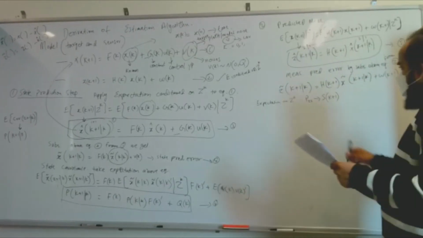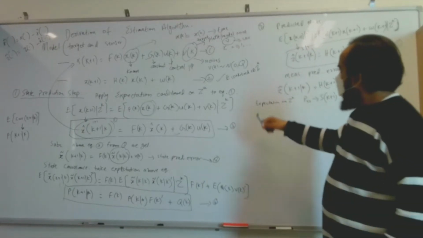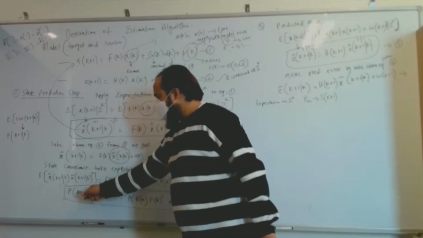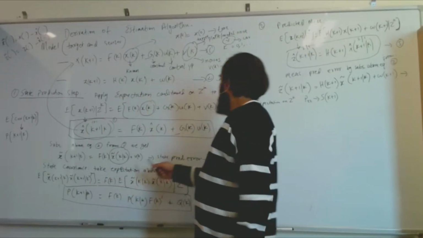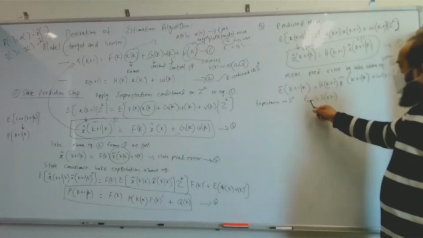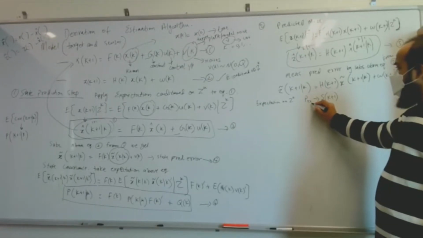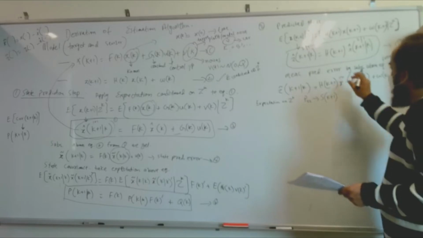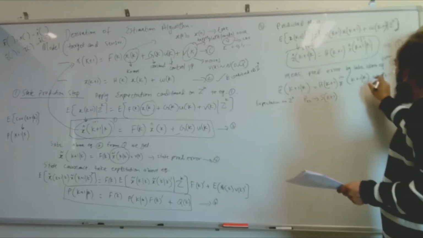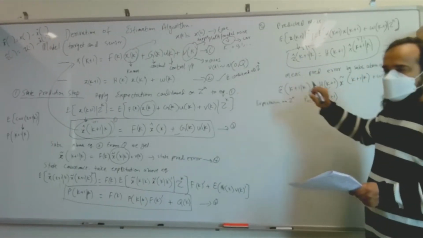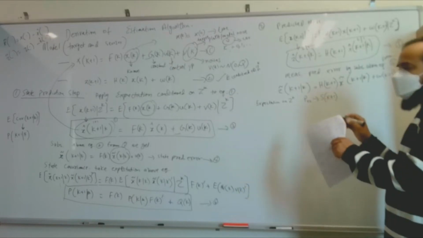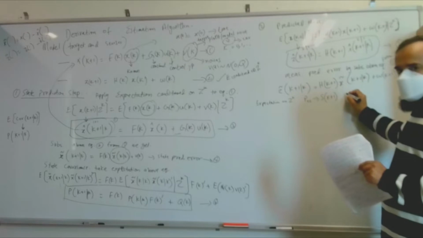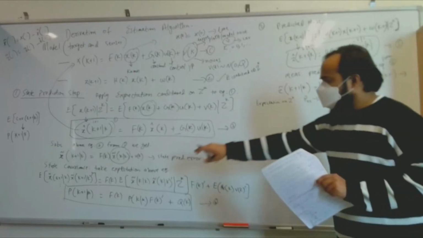This is not like this P, which is the state covariance. This P is for z z, the covariance of the measurement prediction. This covariance and that covariance are different.